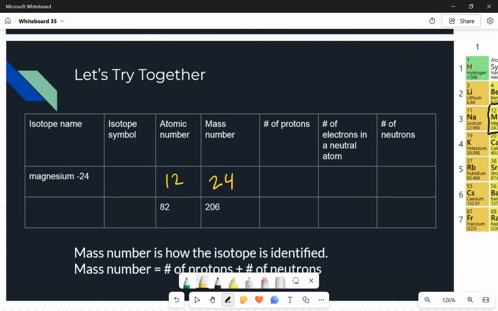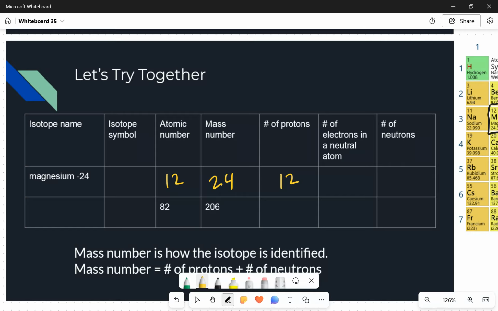And that gives me a lot of information because I know the atomic number is the number of protons. But there's actually another piece of information because it says right here, I'm looking for the number of electrons in a neutral atom. And neutral is kind of a key word here, right?